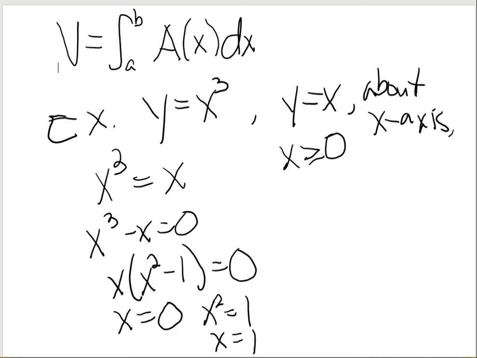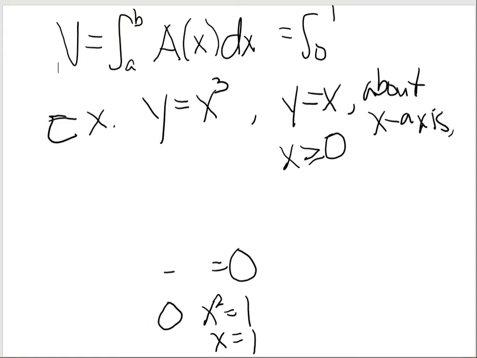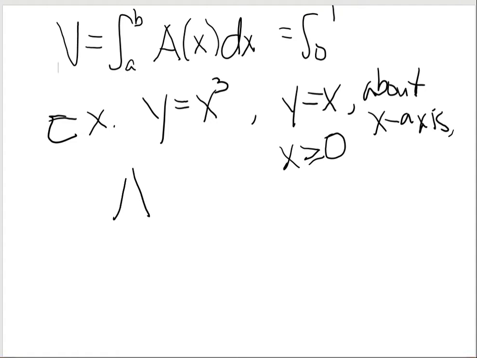Okay, so this volume here is going to be from 0 to 1. So, what next? Well, we have to find A. A is going to be pi, and then the big function squared minus the little function squared.